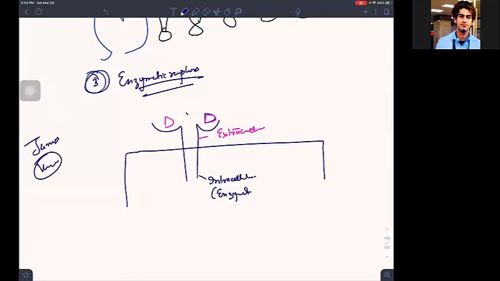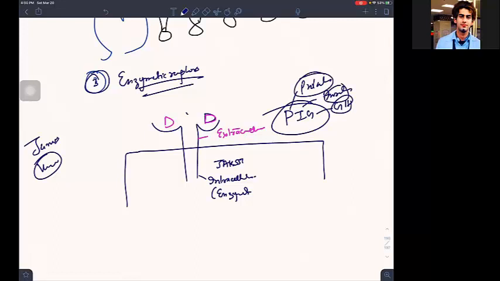Once this enzyme is activated by the JAK-STAT pathway, you will have the enzymatic action. I can give you examples: prolactin, insulin, growth hormone. These are the three hormones which are acting through the enzymatic receptors, JAK-STAT pathway.